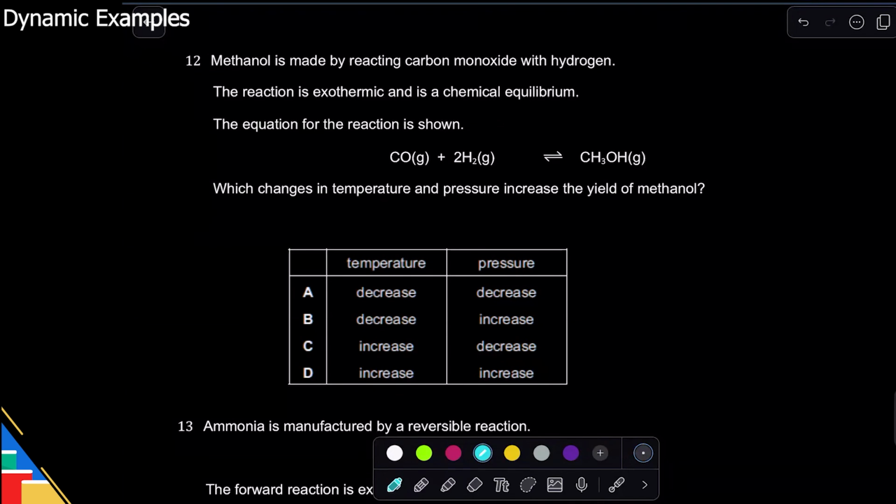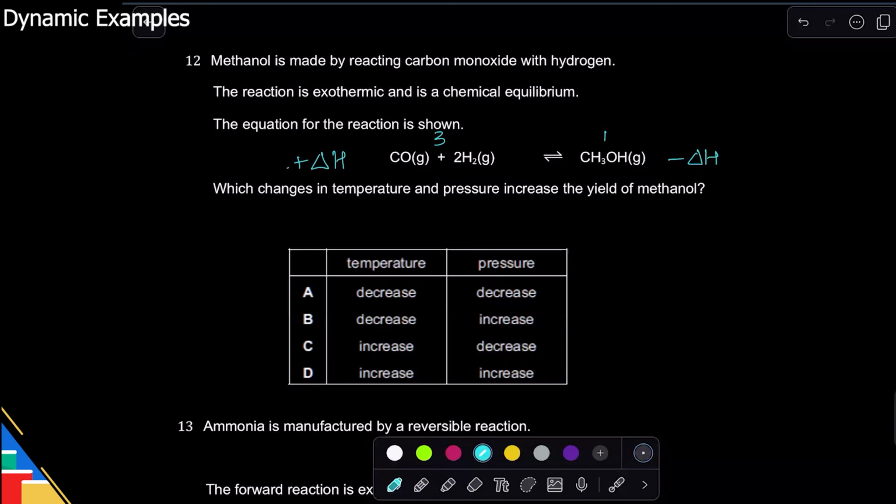Why don't you do it? Okay, let's see. First, I'll make some notes. The reaction is exothermic. That means this side has minus delta H, so positive delta H here. Similarly, 3 gaseous moles here, 1 gaseous mole here. I make these notes whenever I do it in the exam. Only through this will I be able to solve it.